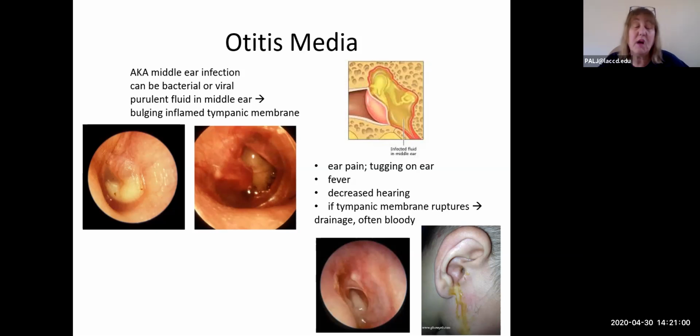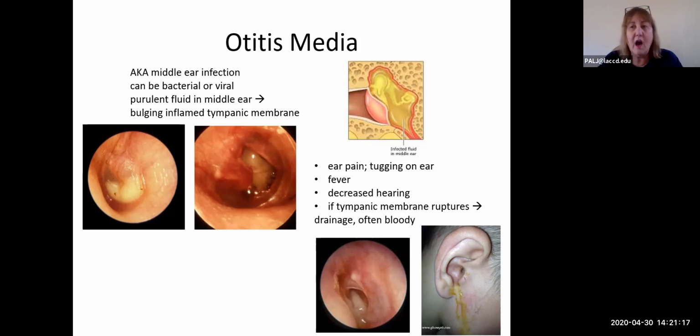and by the way, we don't treat them all with antibiotics now. The American Academy of Pediatrics is recommending, if you don't have a chronic problem, to try the medications that will actually decrease the swelling and inflammation so the stuff can drain normally.